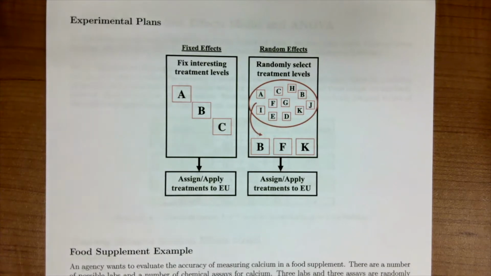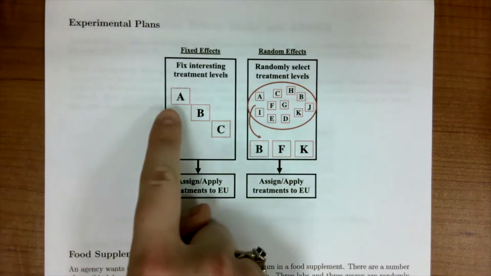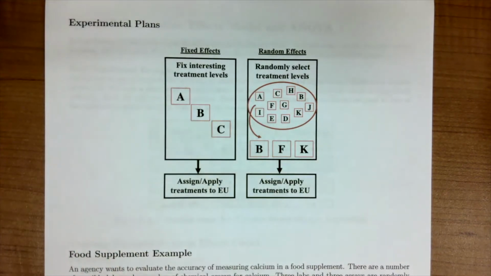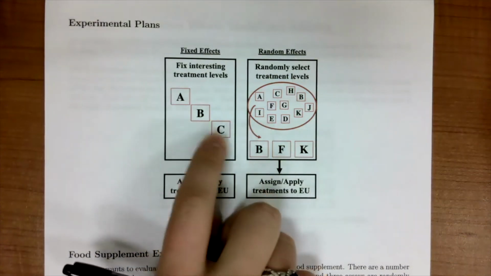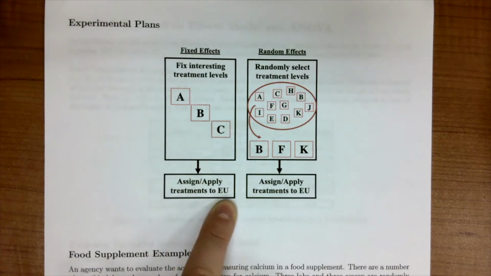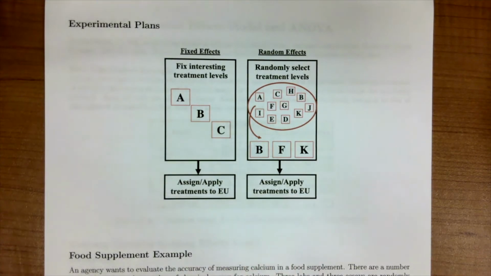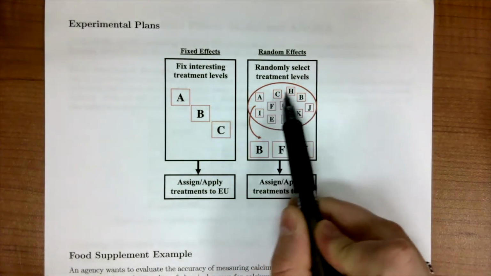In a fixed effect analysis, let's say we have 3 fixed treatments of interest. These are the 3 treatments we want to look at. Then we take these 3 treatments and randomly apply them to our experimental unit. In a random effects design, we have all these options.